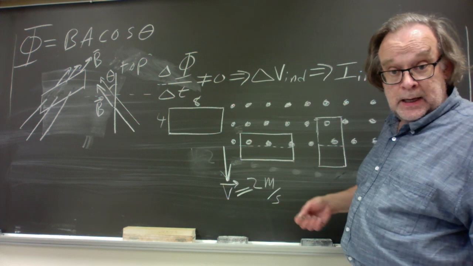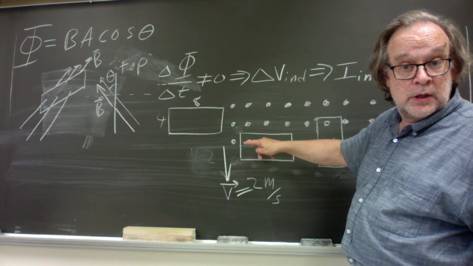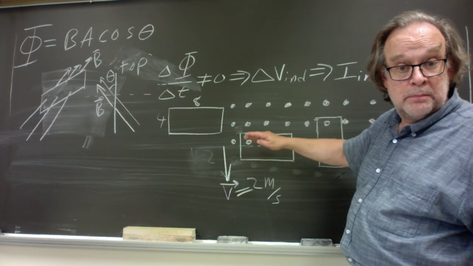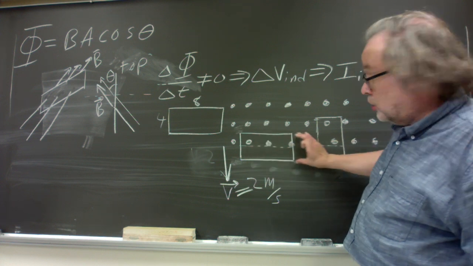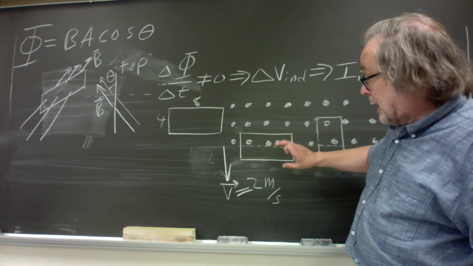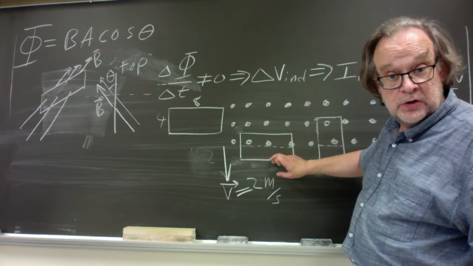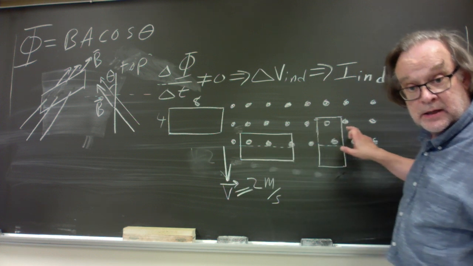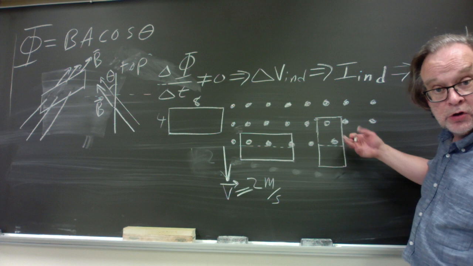And when we watch the loop begin to fall, the loop that's oriented the long way starts here with half the area of the loop inside the field and the other half outside the field. And then the loop oriented the tall way starts out similarly.